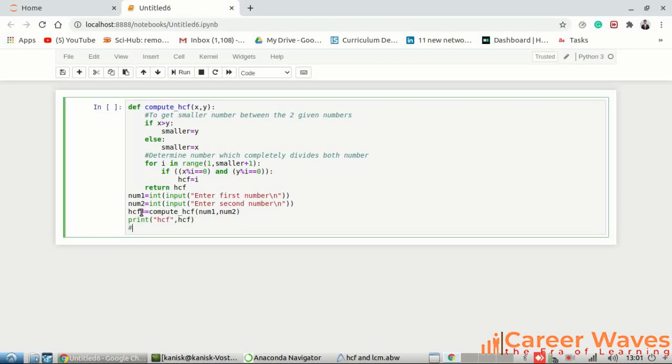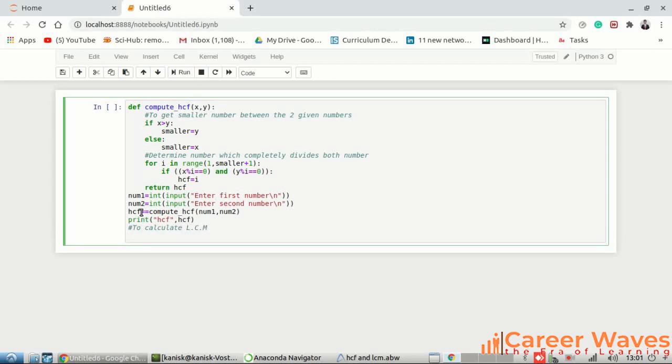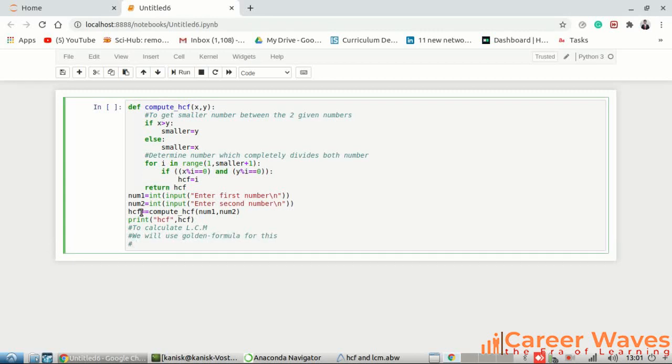Now we have to calculate LCM. So we will use the golden formula for this, that is HCF into LCM is equal to product of two numbers.